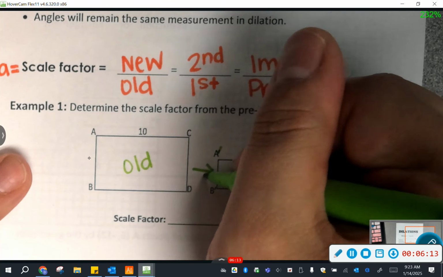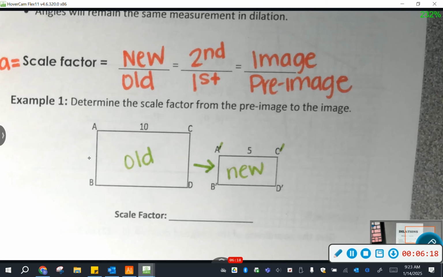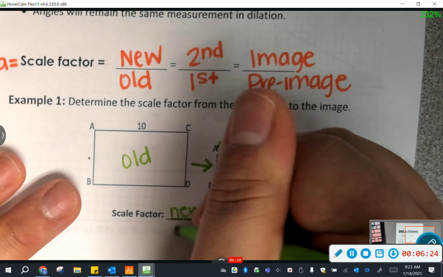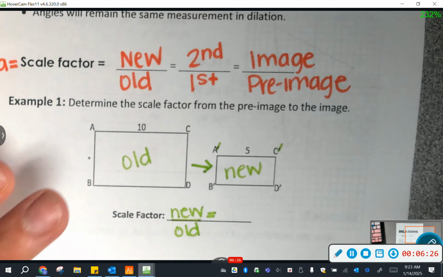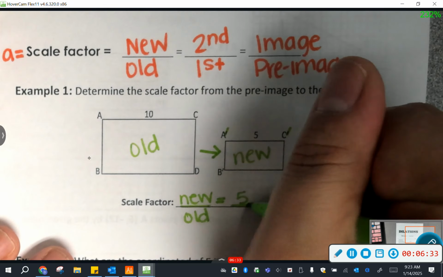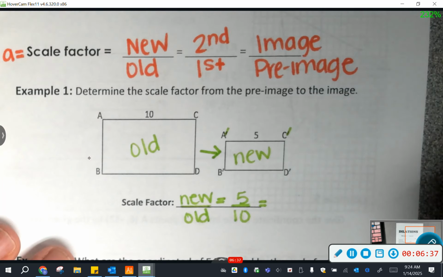Again, your computer should be shut, please. To find the scale factor, I'm going to do new divided by old. What is the length of my new? 5. What is the length of my old? And what is 5 divided by 10?